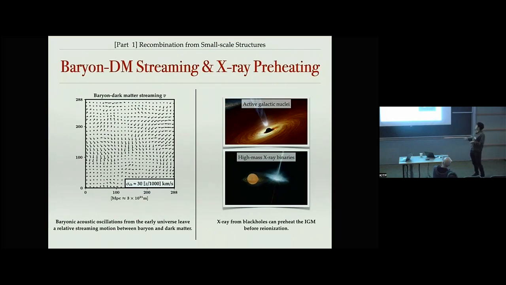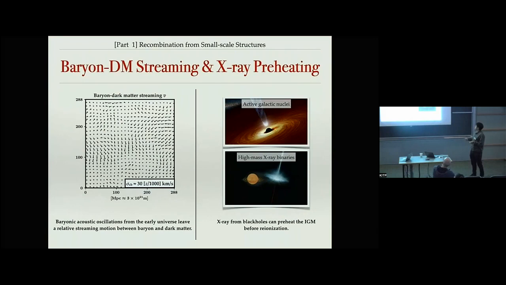If you're not familiar with the stream velocity, you may be familiar with the baryon acoustic oscillation. It's basically the sound wave in the baryonic component, which didn't exist in the dark matter because dark matter is pressureless. So this acoustic oscillation is also a relative velocity between dark matter and gas.